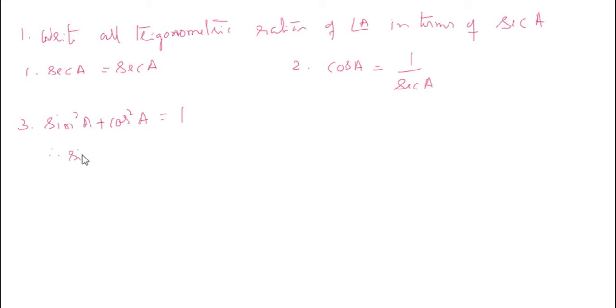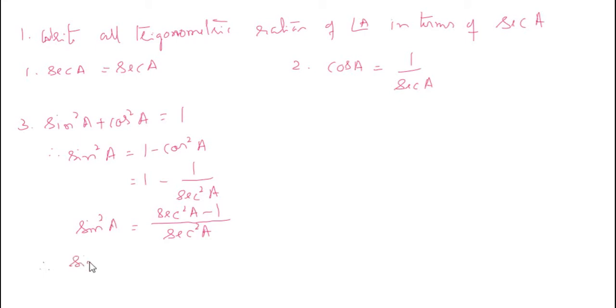Therefore, sin square A equal to 1 minus cos square A. Now cos square A I will write in terms of secant square, so 1 by secant square A. Now having the LCM as secant square A in the denominator, numerator it is secant square A minus 1, that is equal to sin square A.